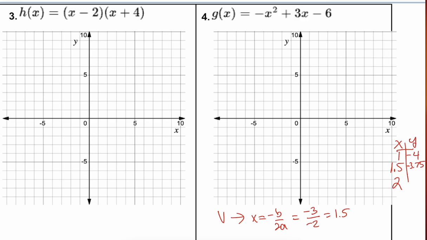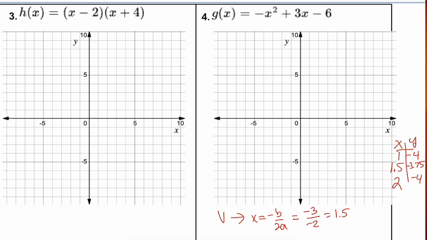If I plug in 2, I get -4 plus 6 minus 6, which indeed is -4. So a parabola kind of checks your work for you based on the symmetry. If you pick the right vertex and pick a point above it and below it that are equally spaced, you should always get the same value or something is wrong.